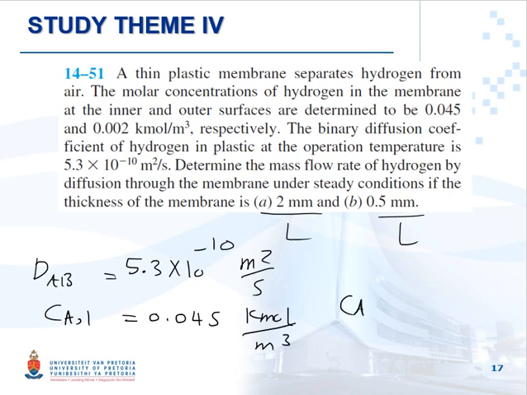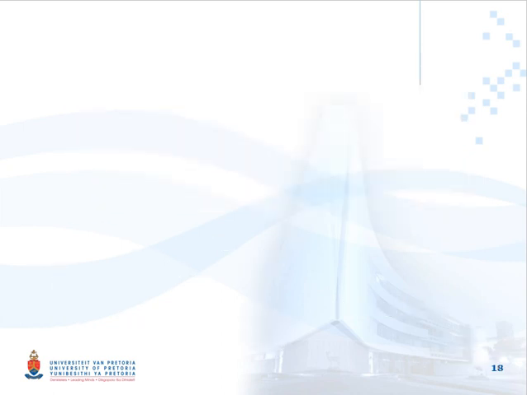And we also have C_A2, which is 0.002. Okay. Yes, it's the molar concentration of the hydrogen in the membrane. So we have those two. Basically, all the information is provided.